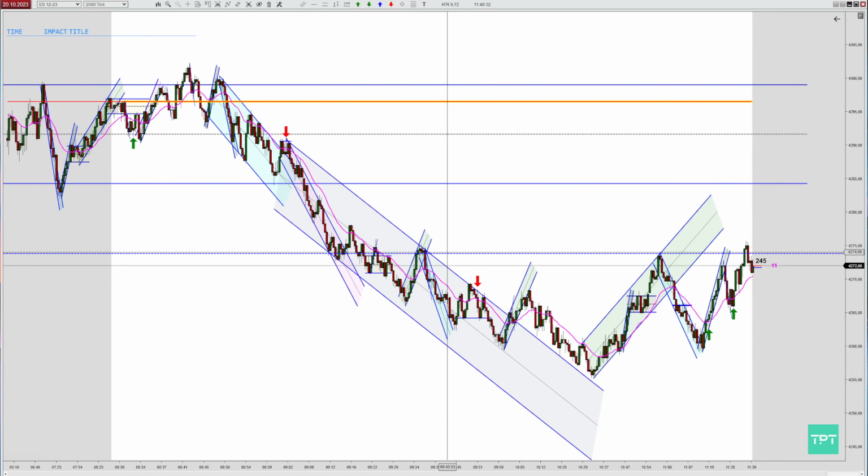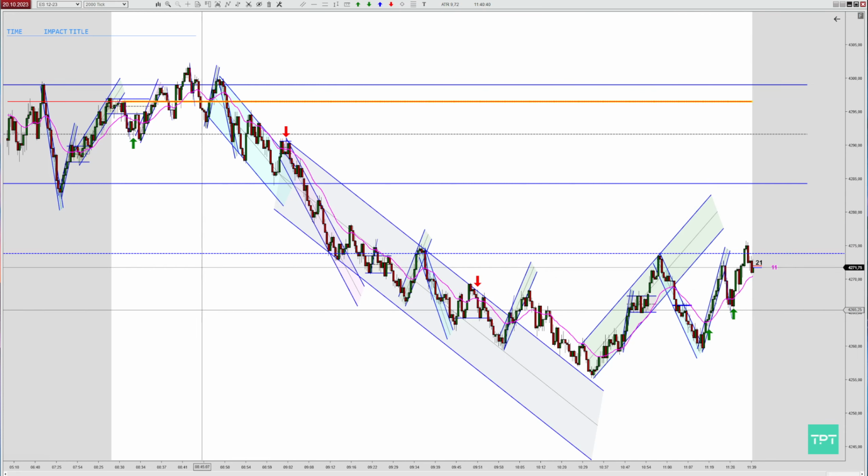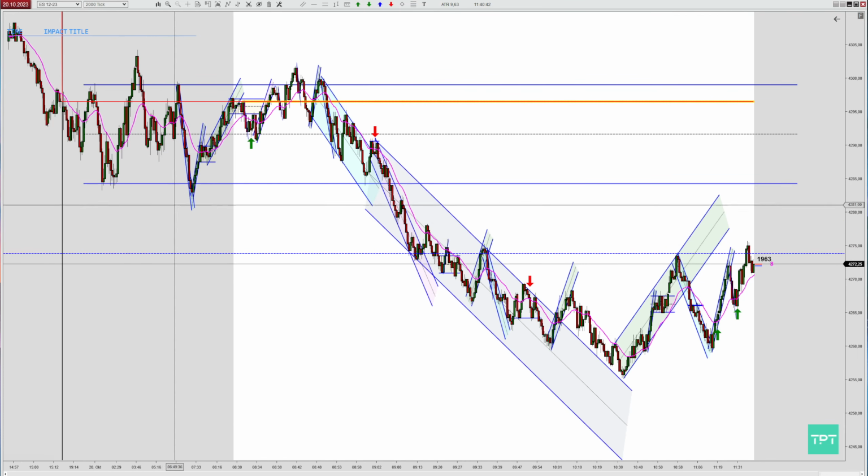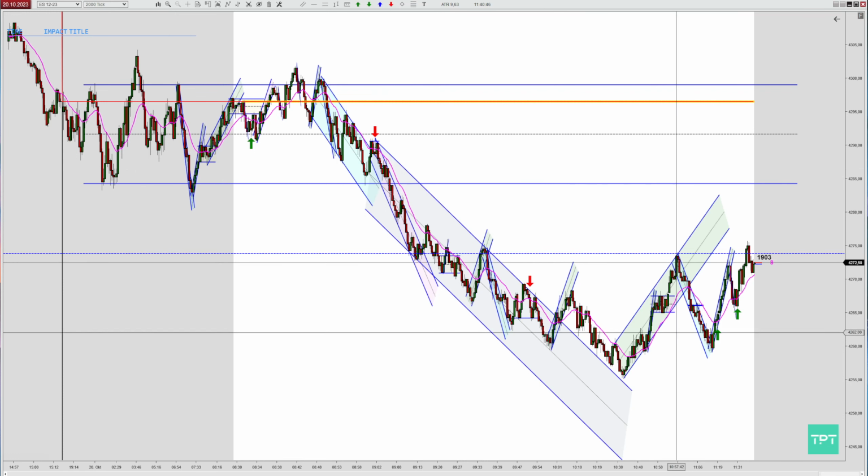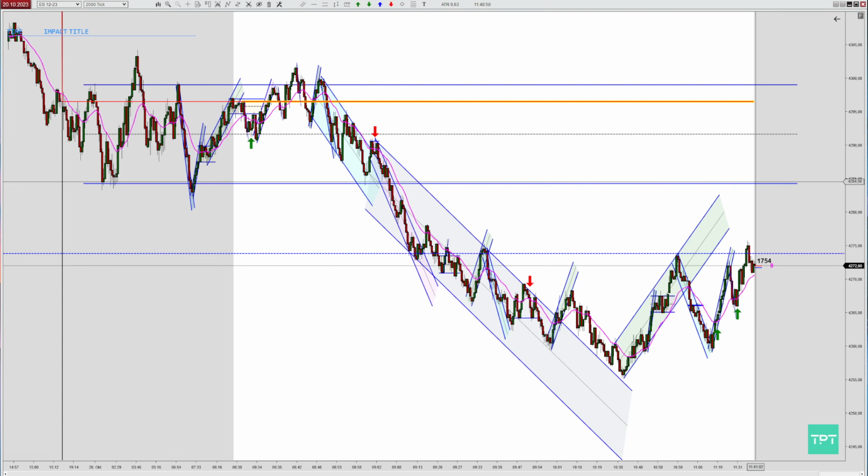So the structure is not very clear right now because every structure and every channel that I drew played out. But usually you can see when prices stay within a range and we're breaking out of this range, then there will be a retest of the breakout. So this could be a potential target here.